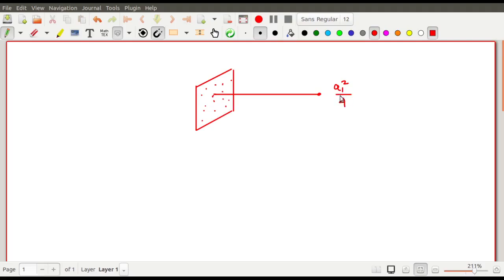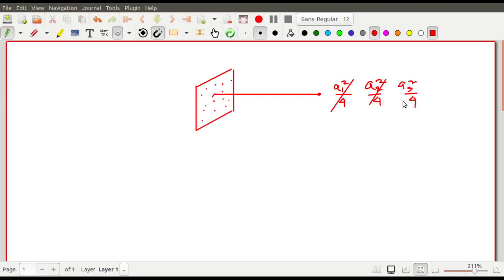It was A1 square by 4, and then we have seen that if I block the first half period zone, the contribution comes out to be A2 square by 4. If I block the second one, it comes out to be A3 square by 4, and so on and so forth. We have seen this in the last classes.